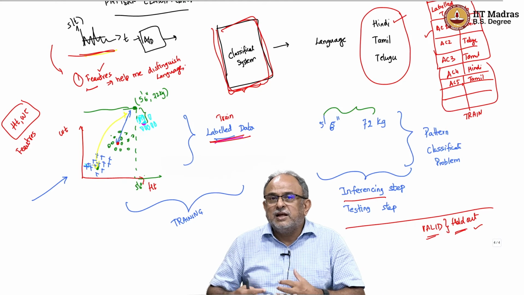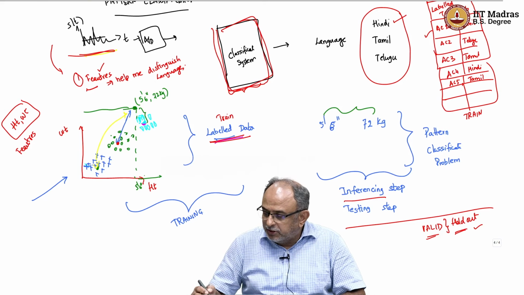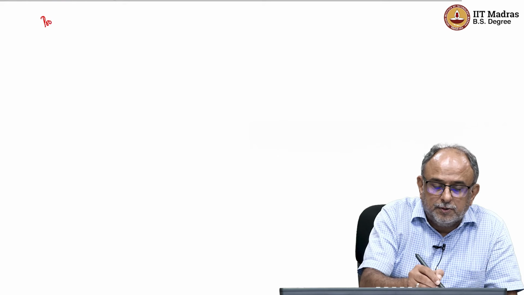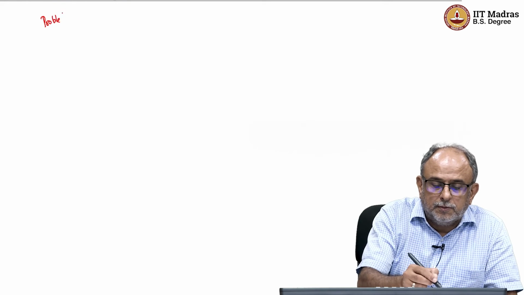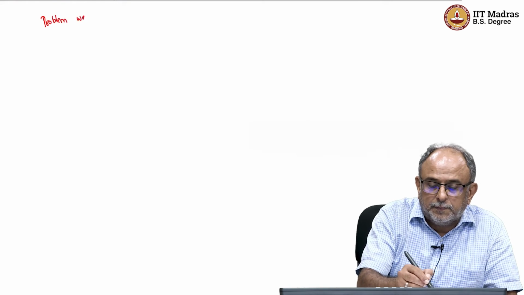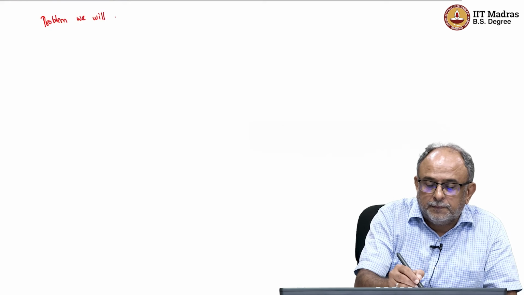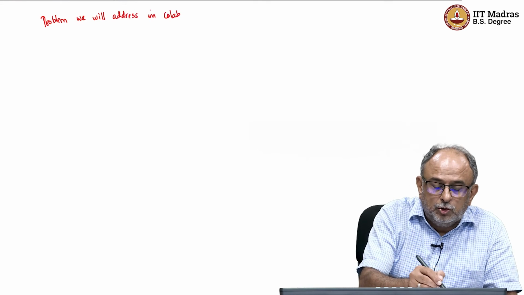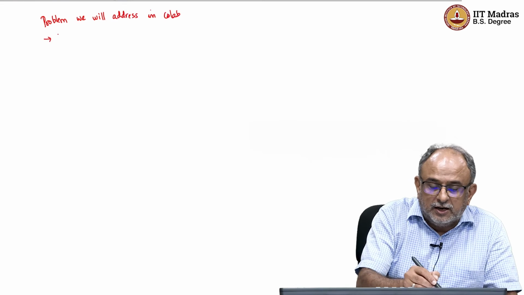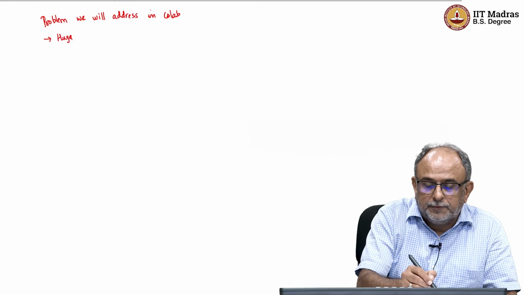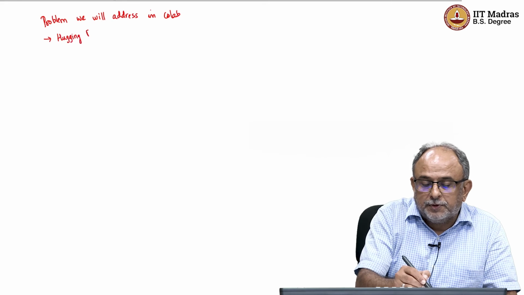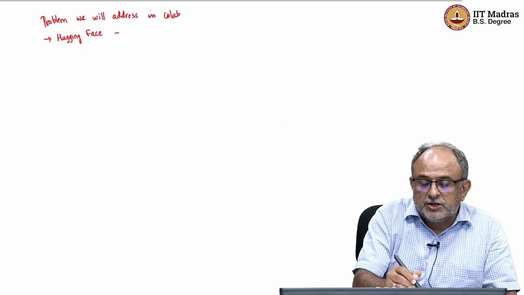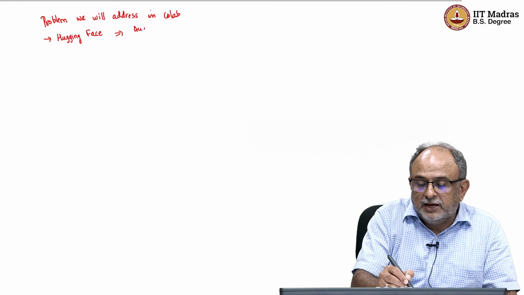Okay. I am taking an example of Western languages. So in our particular case, the problem that we will address in Colab is this: you will be given a Hugging Face dataset which has audio clips from many languages.